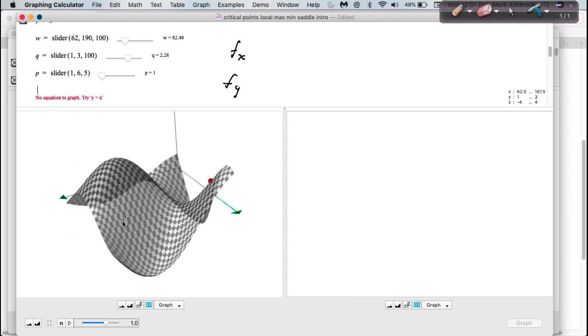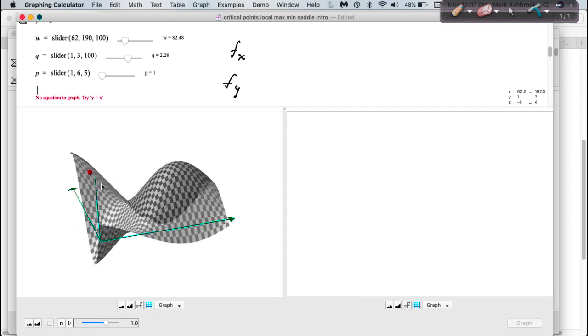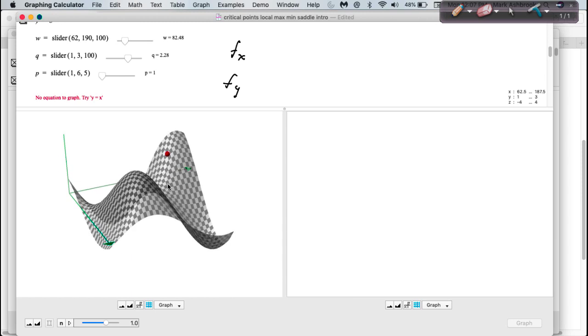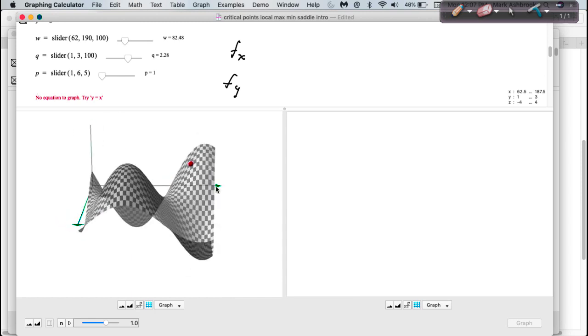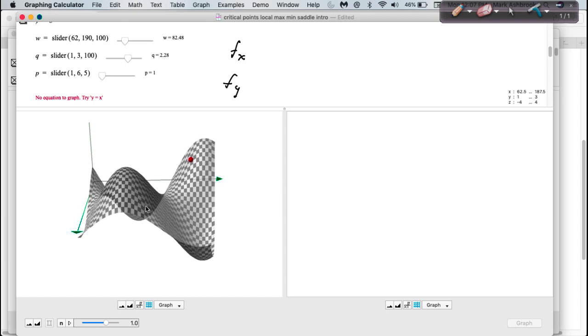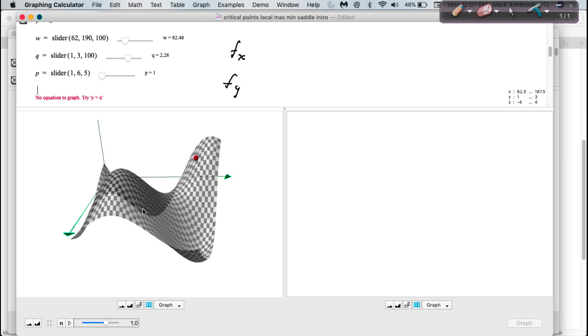What could you say about the partial with respect to x and the partial with respect to y at that highlighted point? Does the red show up right there at the point? Yep. What could you say about the partial with respect to x and the partial with respect to y at that point?